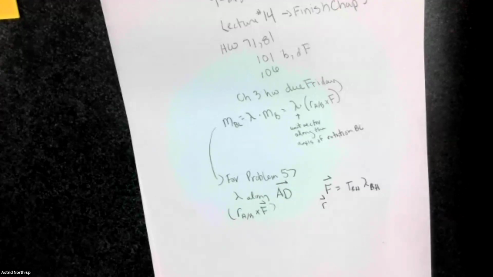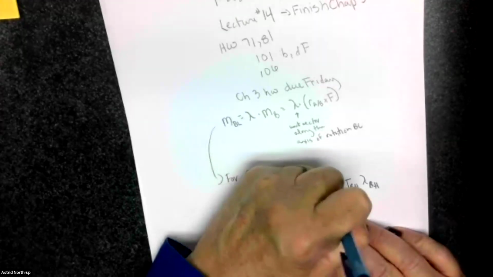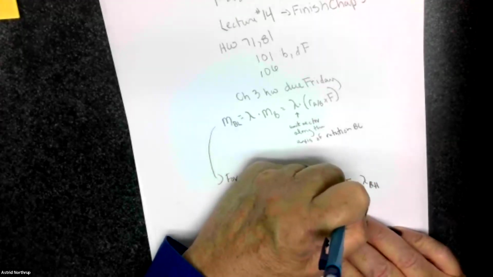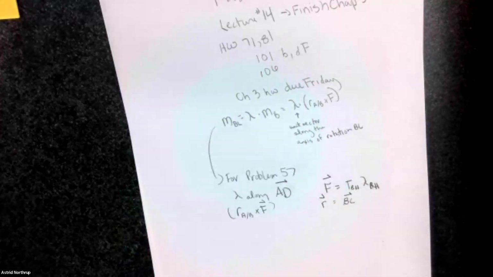If I choose point B going over to where the force is applied at point C, I could just say that R will be equal to the vector BC. And that should make things a little bit easier. All right, so this is what we're looking at.